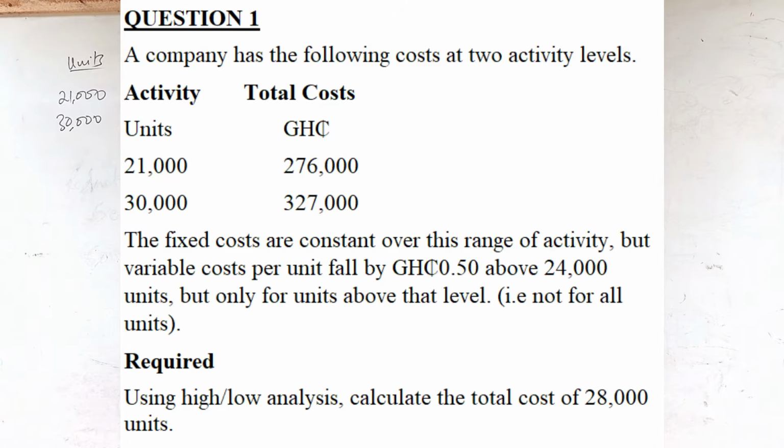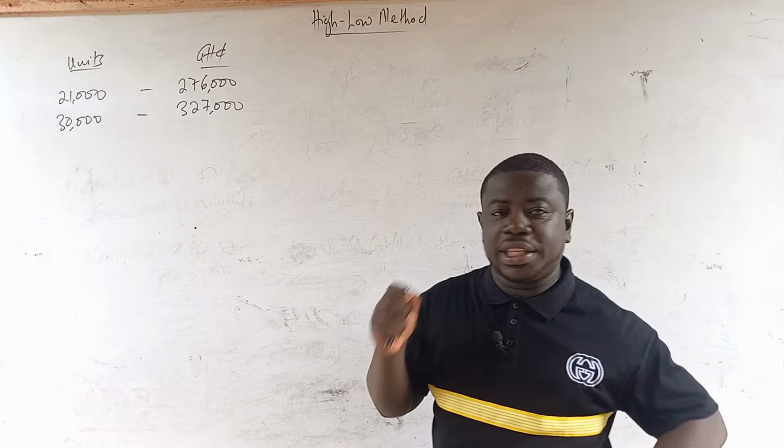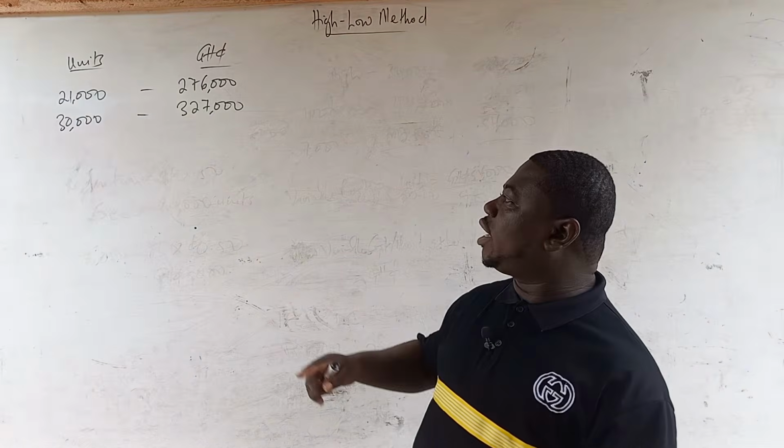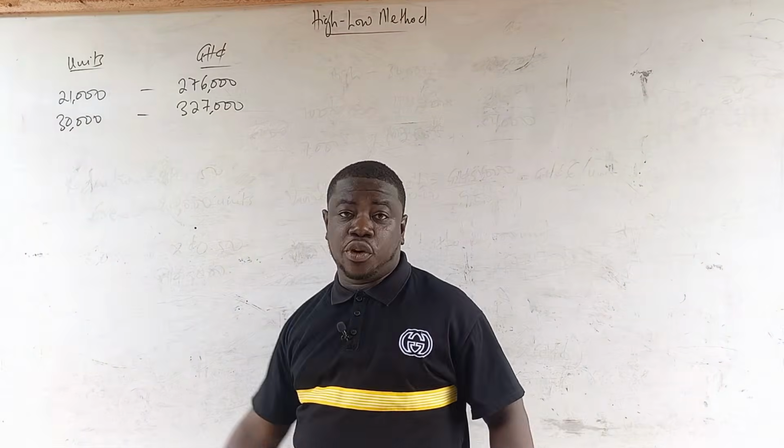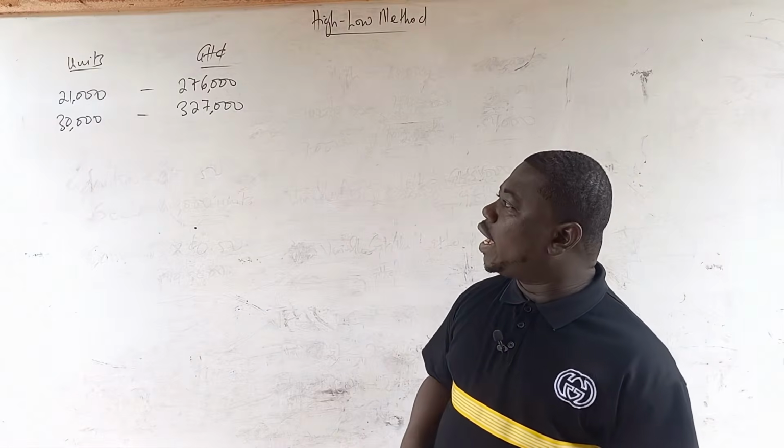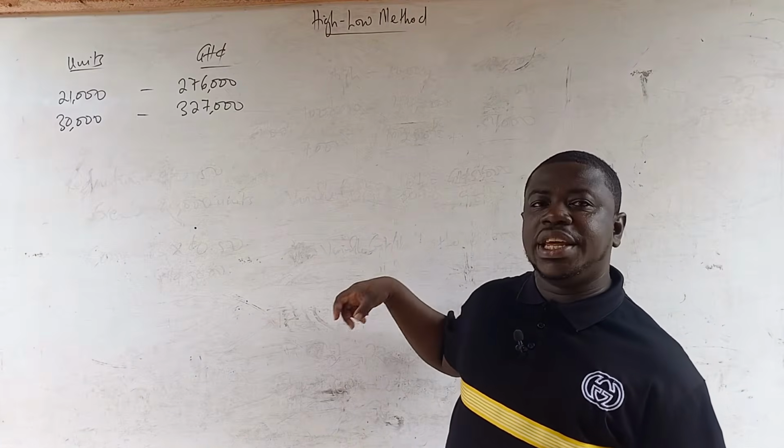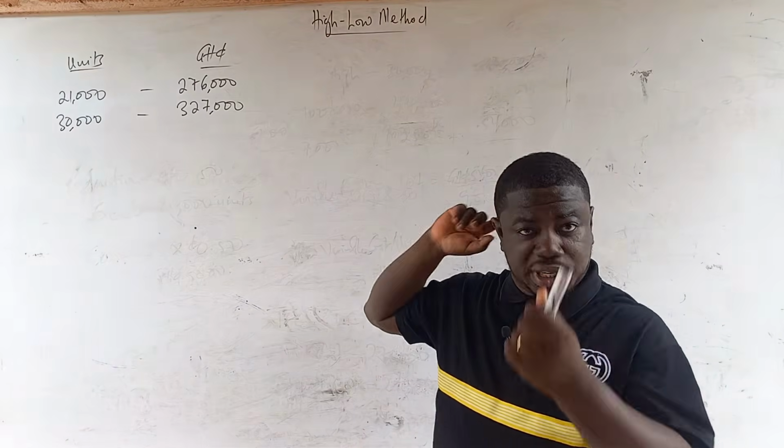Now we are required, using the high-low method, to calculate the total cost of 28,000 units. Remember that 28,000 units is in excess of the 24,000 threshold. And remember also that the change in the variable cost does not affect the entire 28,000.